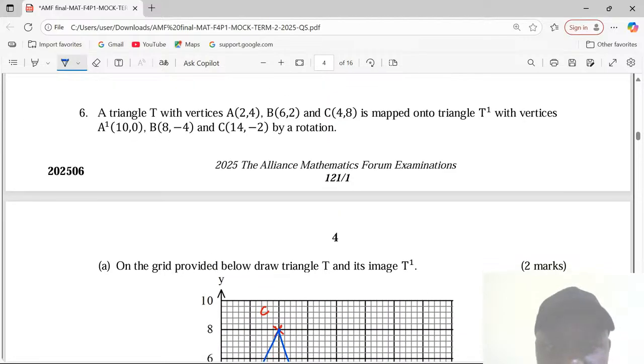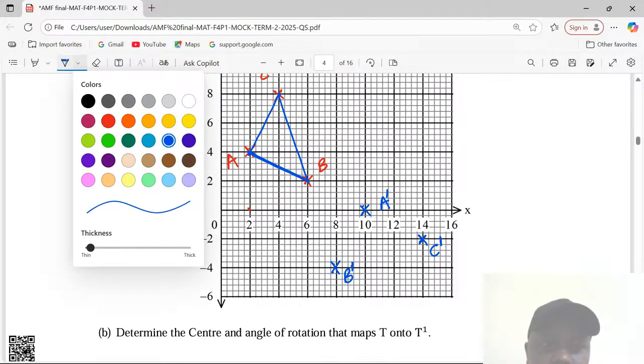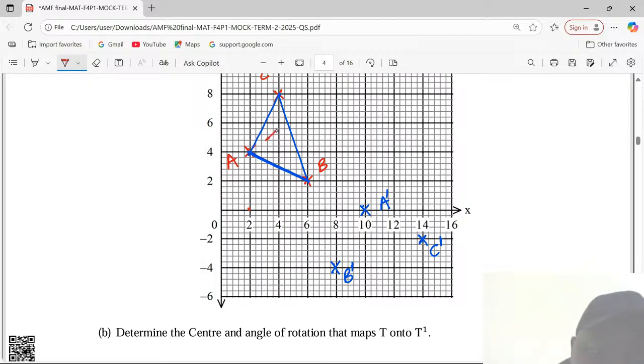Then 14, -2. This is where C prime is. We can now connect them to have the image. Remember, this is T. Now we want to connect to have T prime.